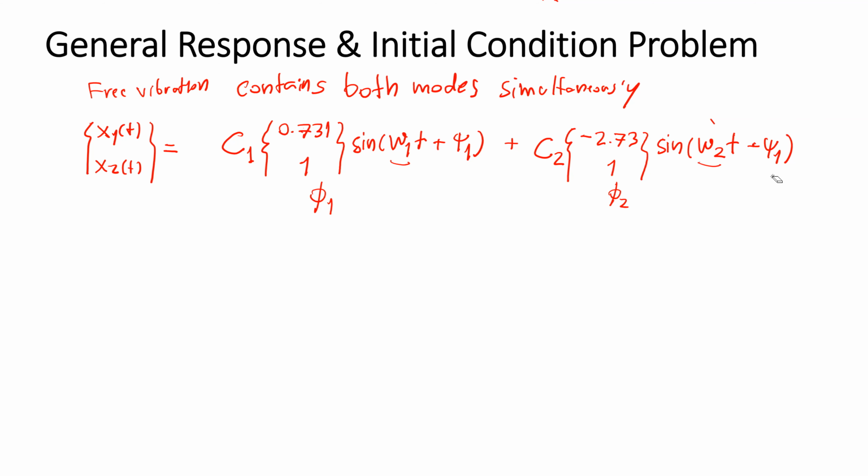The phase shift here can be different. But if you see here, it seems like we have 4 unknowns. We don't know C1, we don't know C2, and we don't know the phase shift 1 and the phase shift 2. We have 4 unknowns.